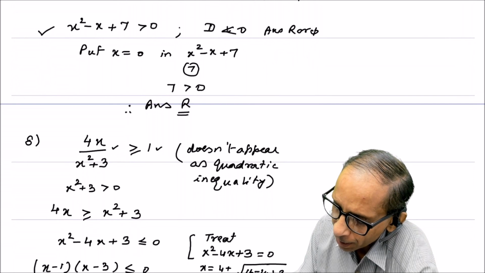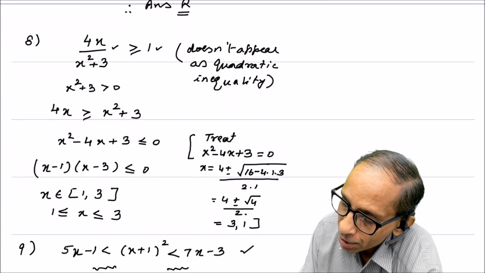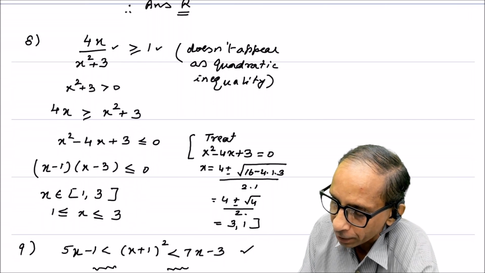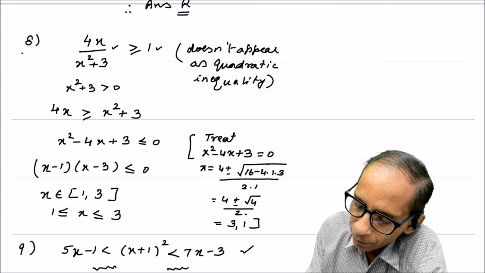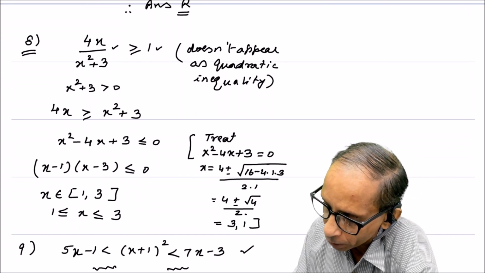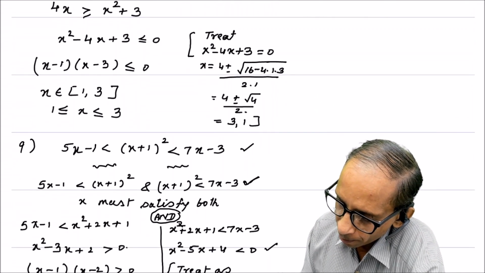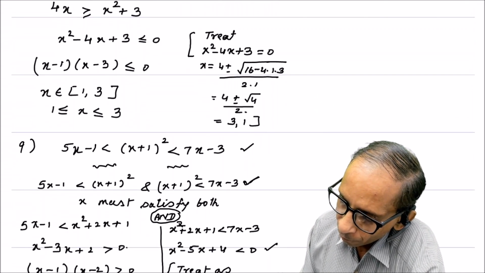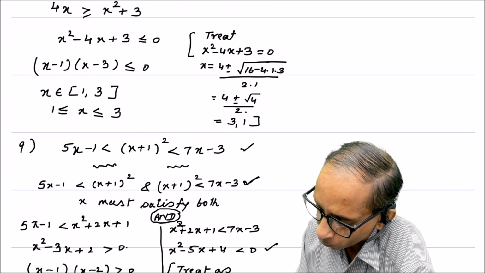We discussed the case of two quadratic inequalities also, simultaneously: if two quadratic inequalities are given, how to solve. We considered question number 8 where it did not appear to be a quadratic inequality, but we had to convert it into a quadratic inequality. And finally, question number 9 where we had two inequalities which actually were blended quadratic inequalities.